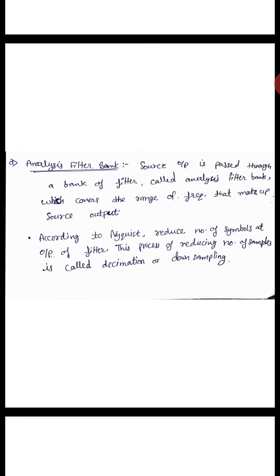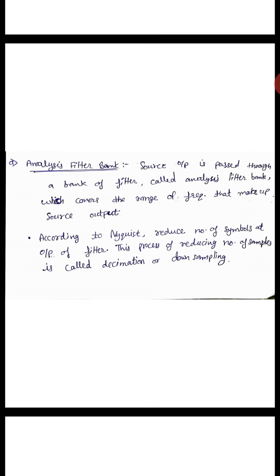In the analyzing stage, the source output is passed through a bank of filters called the analysis filter bank, which covers the range of frequencies that make up the source output. The passbands of the filters can be overlapping or non-overlapping.